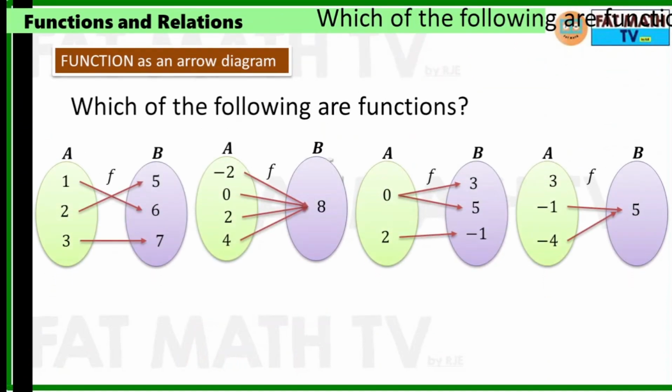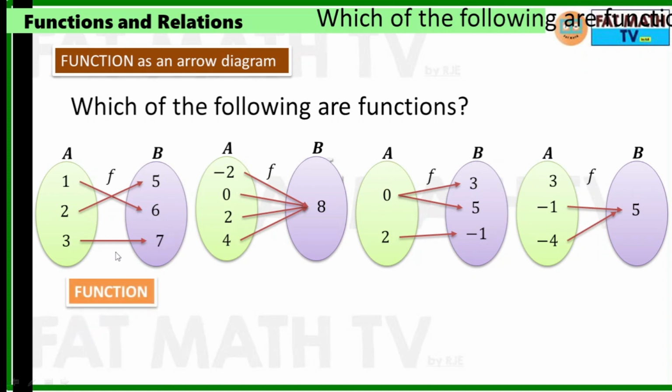Okay, try to check if you already understand how to identify if the given arrow diagram is a function or not. The first one, 1 is being paired to 6, 2 is paired to 5, 3 is paired to 7. Is this a function?